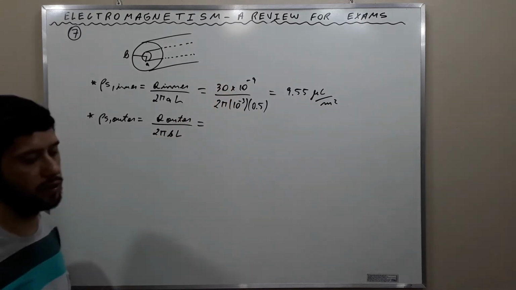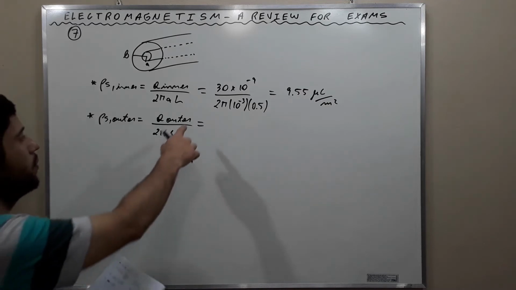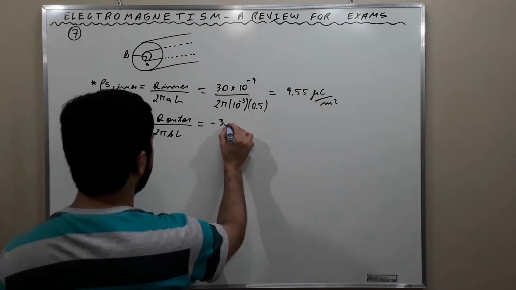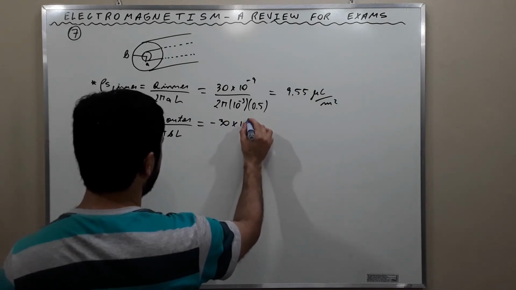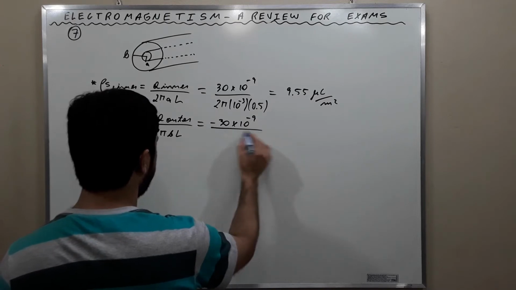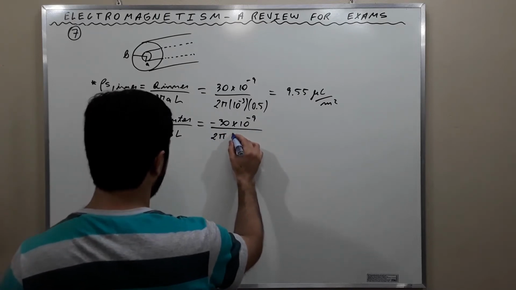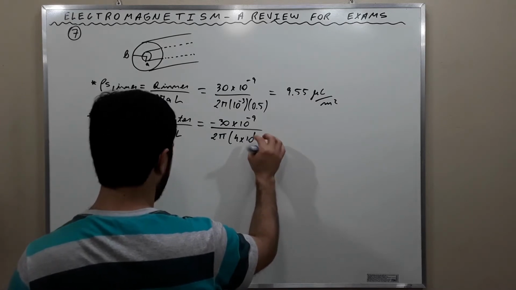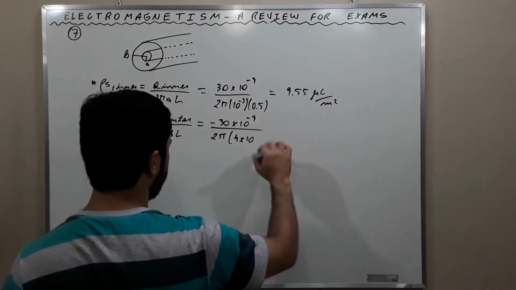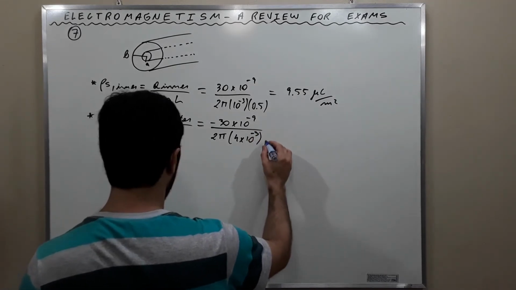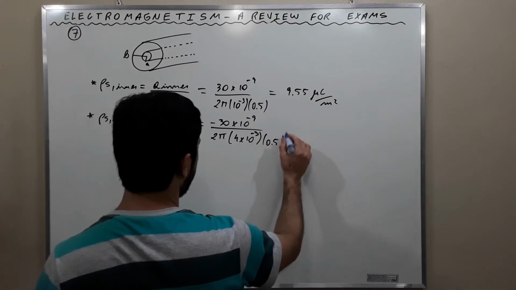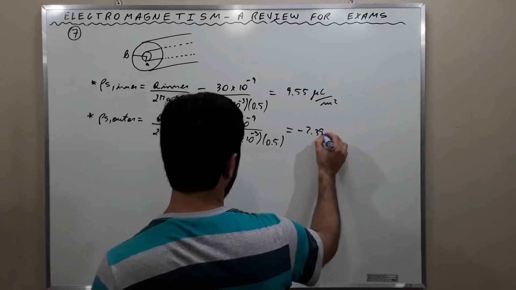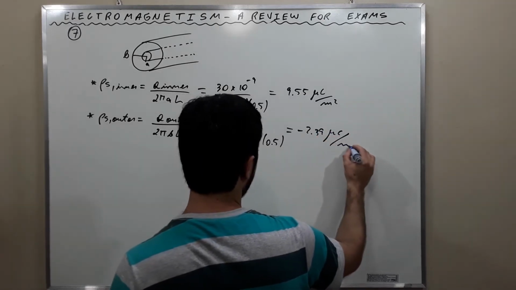For the inner conductor, the charge is positive, but for the outer conductor, the charge is negative. So it is negative 30 times 10 to the minus 9 divided by 2 pi times 4 times 10 to the negative 3 times 0.5, and this is negative 2.39 microcoulombs per meter squared.